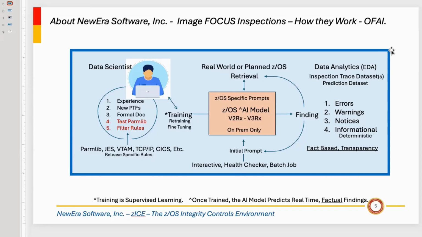Of course, the data scientists are always watchful for PTFs and for changes in formal documentation. And as those arise, whether it's for ParmLib, or JES, VTAM, TCP/IP, or CICS, many others like Pageant, for example, they make updates. They retrain the model in order to be able to deal with those updates and changes.